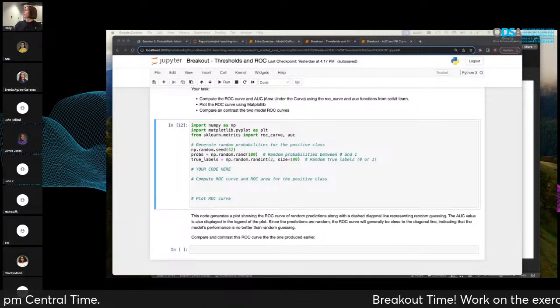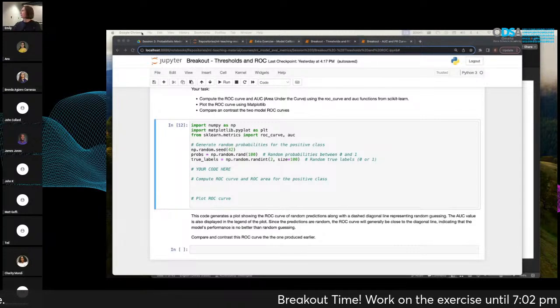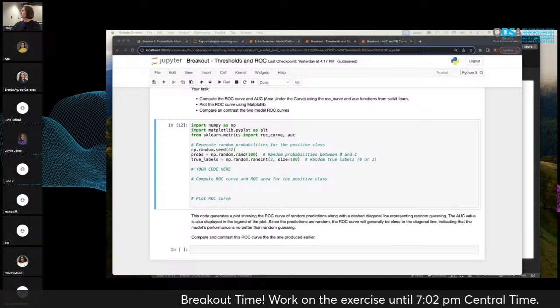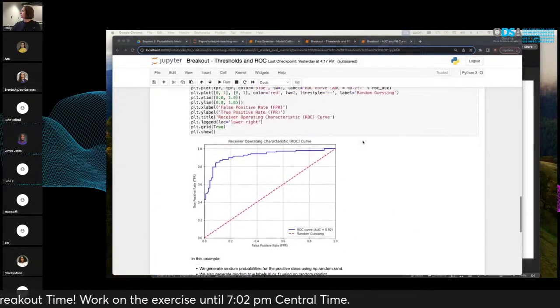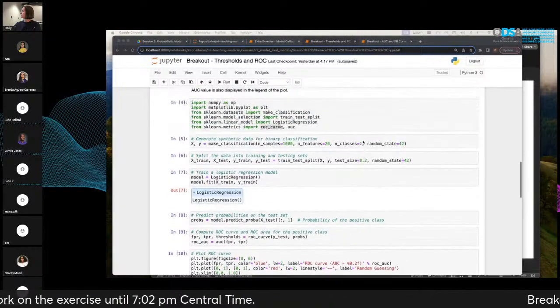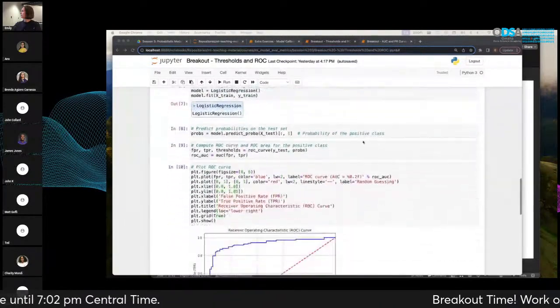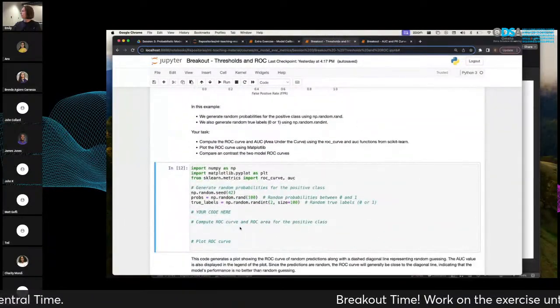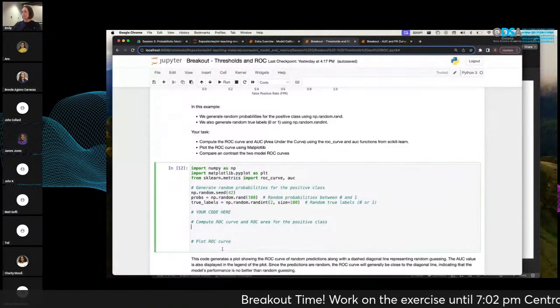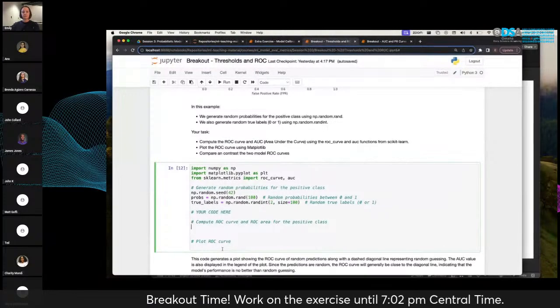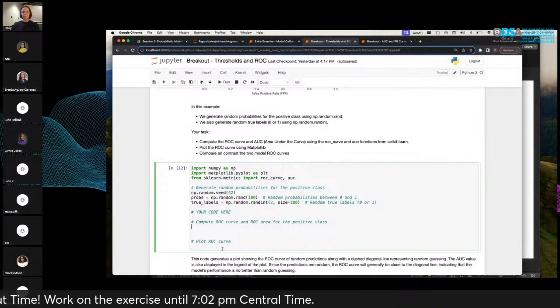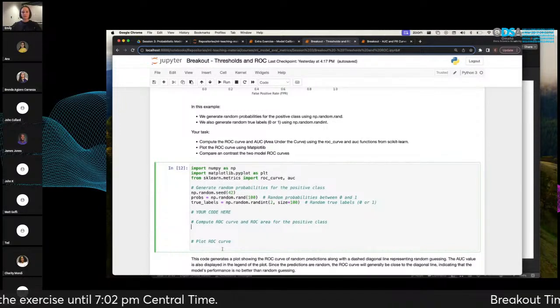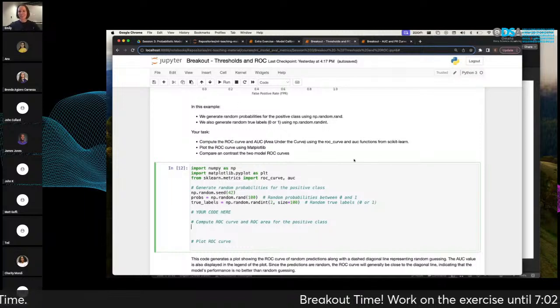All right, we're back. Is anybody able to compute the ROC curve here? Is anybody able to compute this? All right, I'll throw mine up. Awesome, thank you.